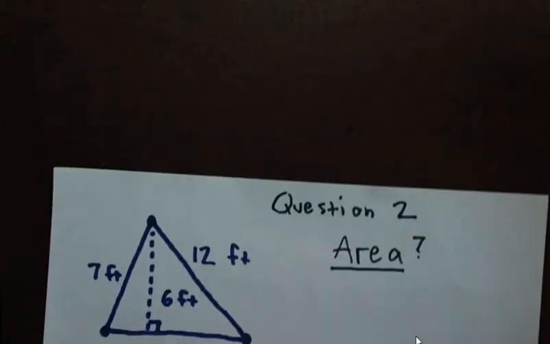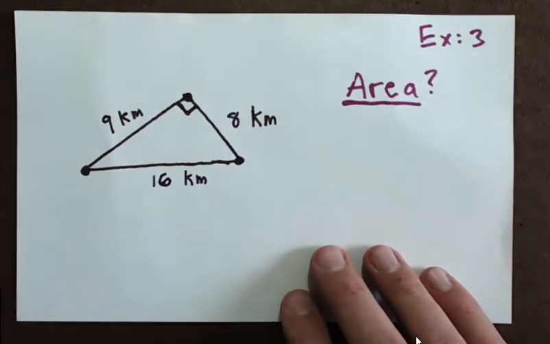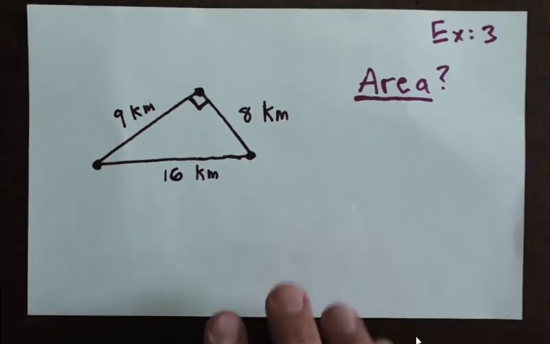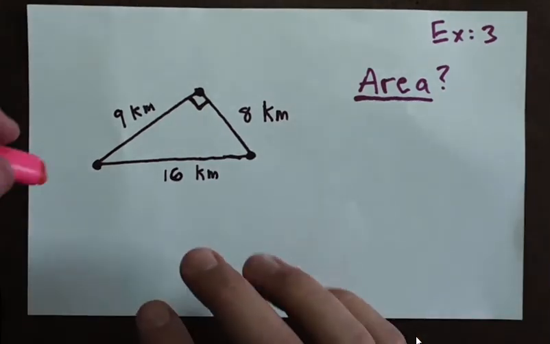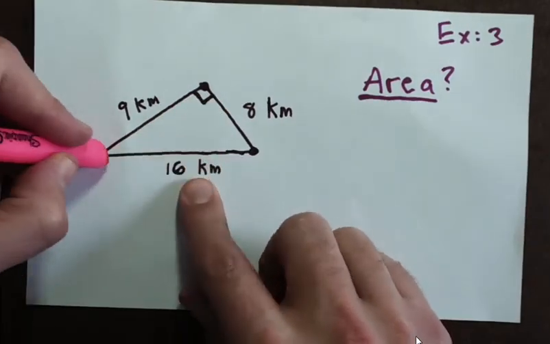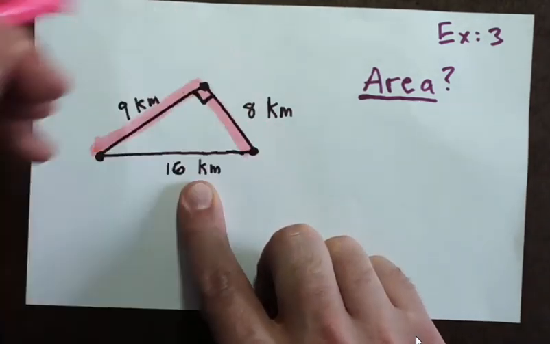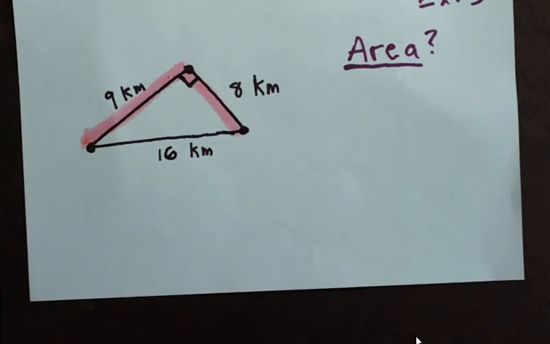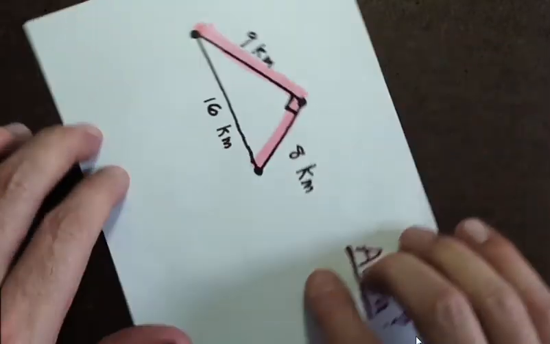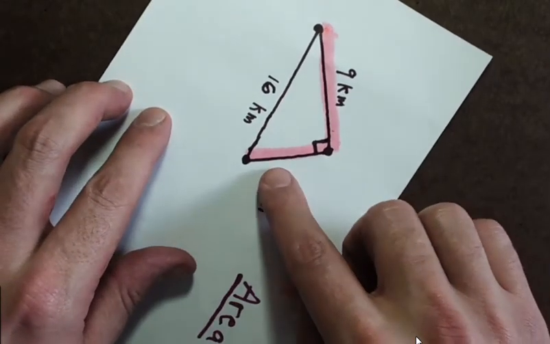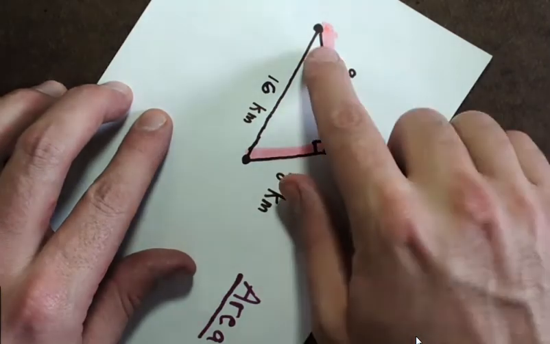Alright, here is example number 3. Okay, now here's our right angle. So I'm going to highlight the two sides. And sometimes it helps to turn your paper so you can tell now that's the base and that's the height.